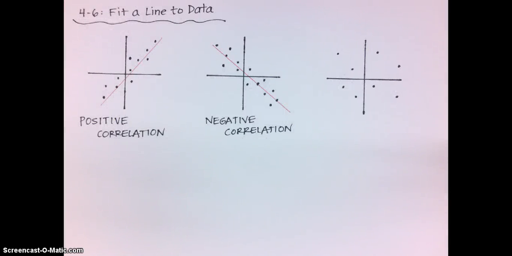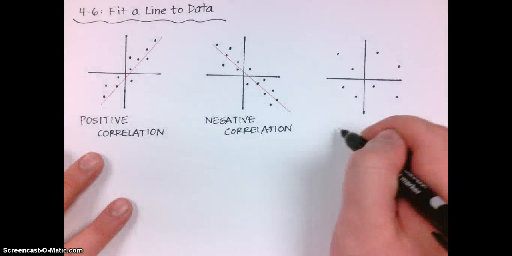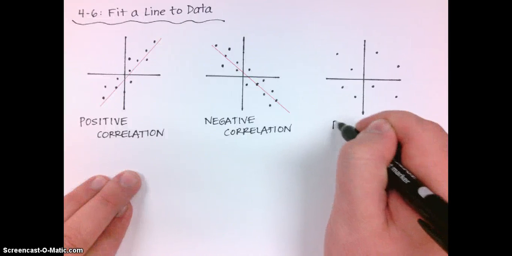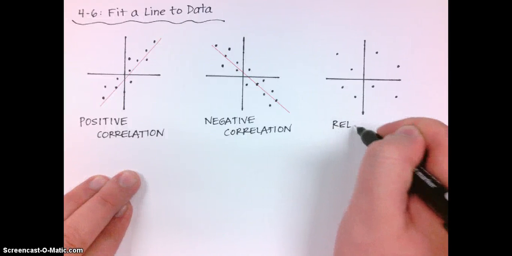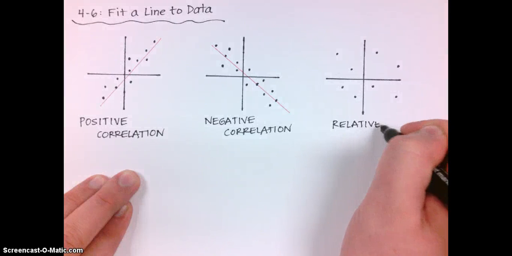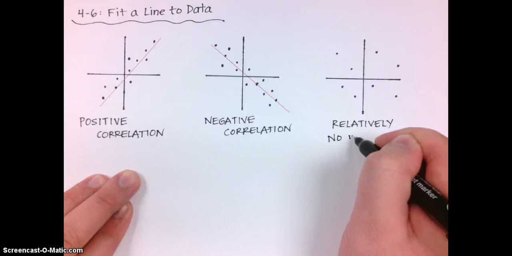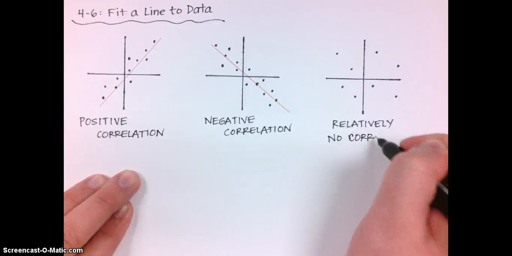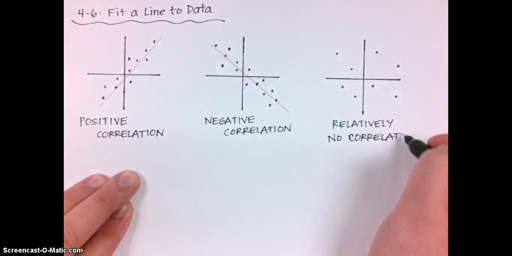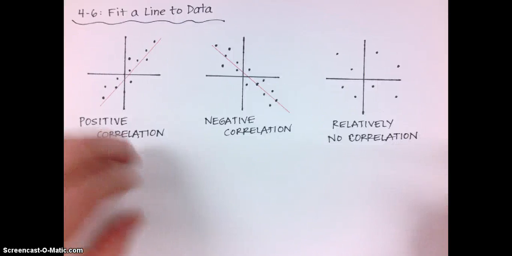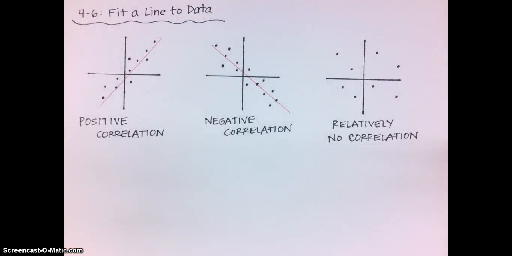And when you don't see that there really is any relationship between the x and the y, we say that they have no correlation. Sorry, it's hard for me to write and talk sometimes. So points where the x and y have no relationship really, they are relatively having no correlation at all.